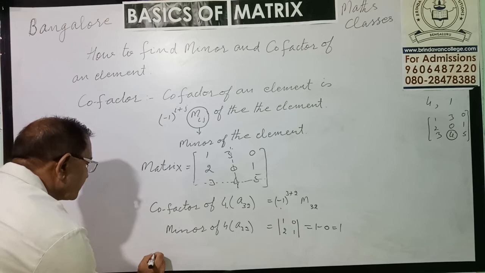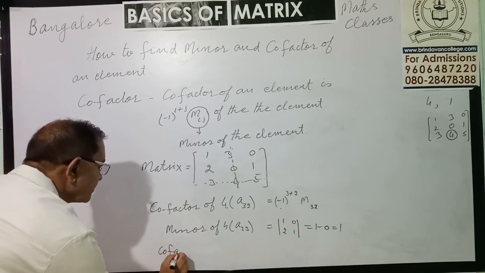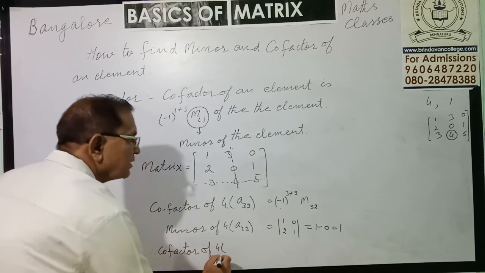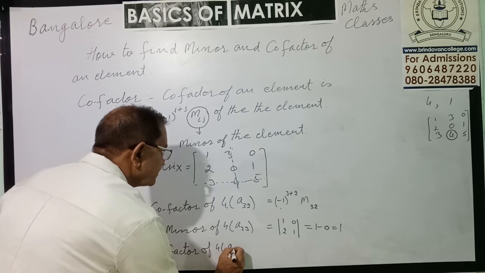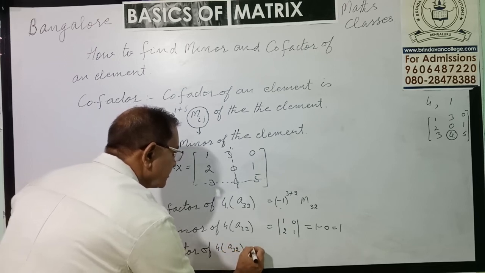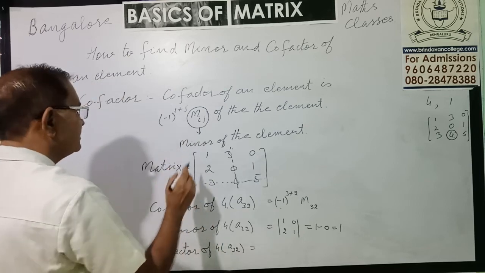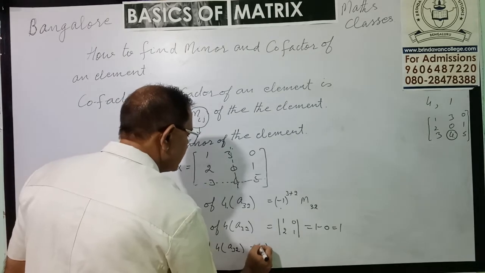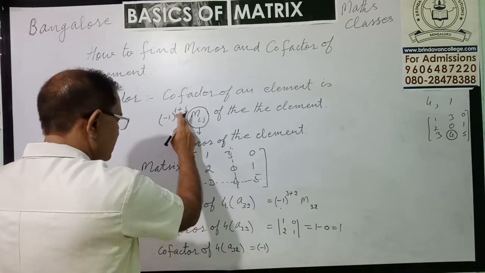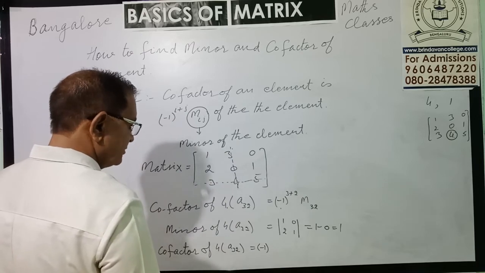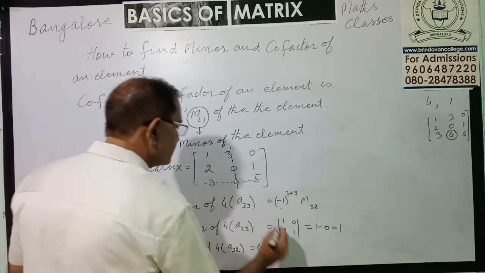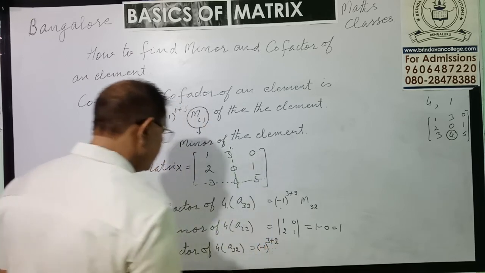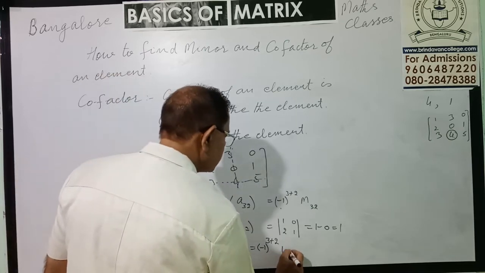Therefore the cofactor of 4, with the element position third row second column, equals minus 1 power i plus j, that is 3 plus 2, into the minor, which we have got as 1.